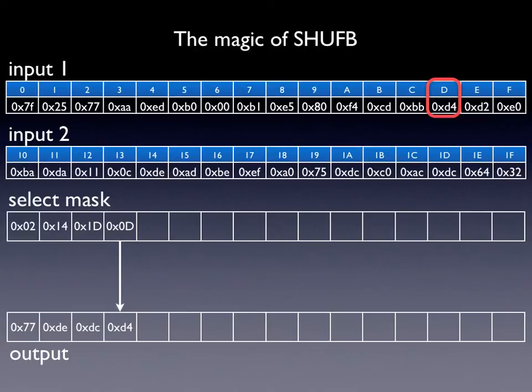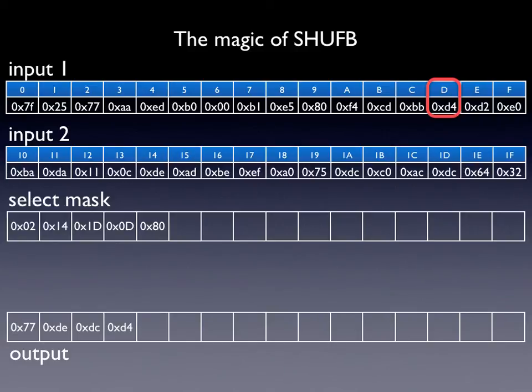Now, I said not only do we want to grab bytes from the source vector, if you think about the previous algorithm I explained, but we also want to insert zeros. So would that be a whole other instruction? Do we have to do something to zero it out? Luckily with SHUFB, there are magical values that allow you to insert useful constants. For example, here I have hex 80.